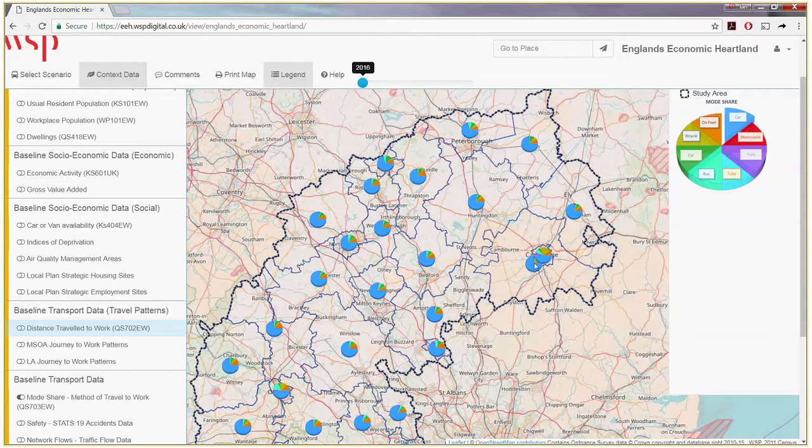So the car mode shares down around 50% in both those areas, and the lime green of bicycle is much more prominent. It's hardly visible anywhere else. The biggest mode apart from car everywhere else in the region is this orangey coloured slice, which is people going to work on foot.